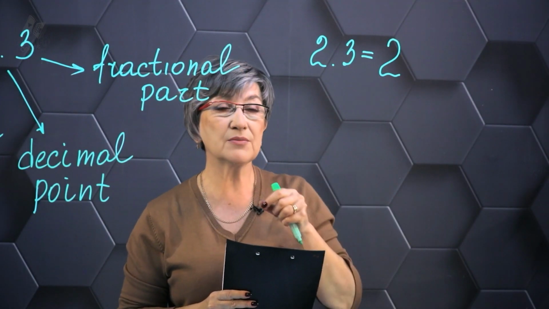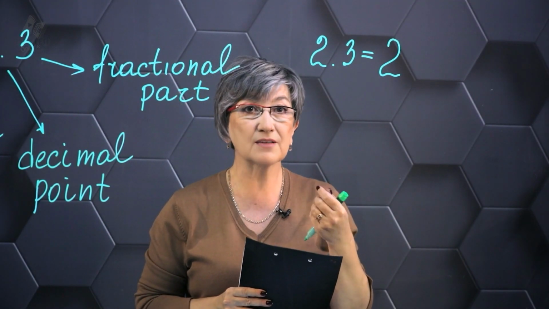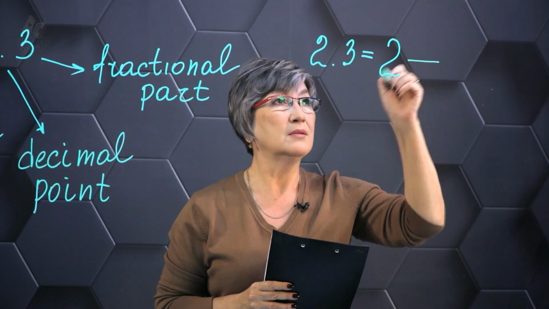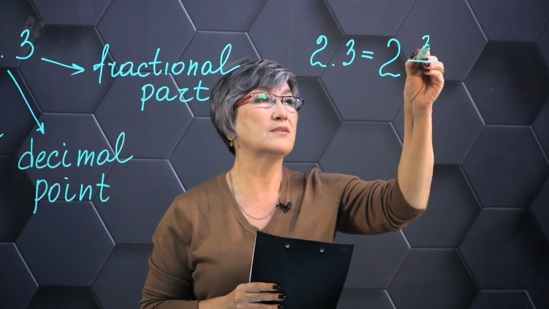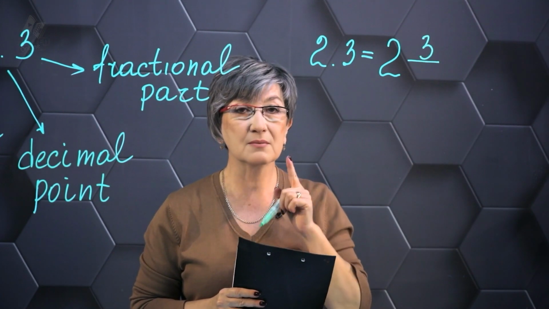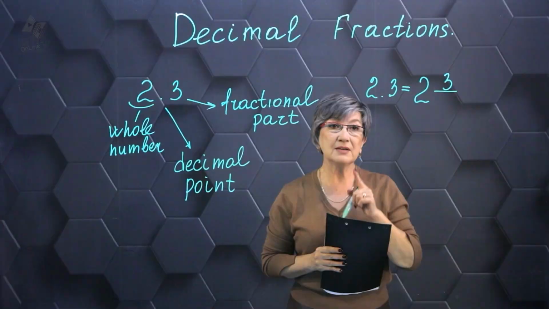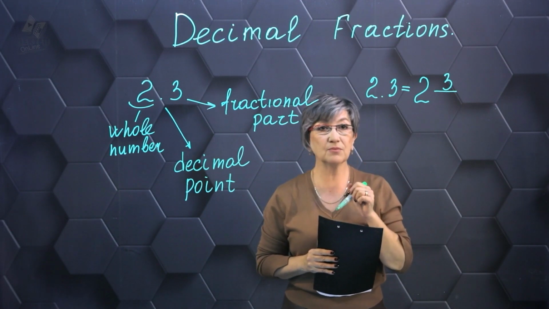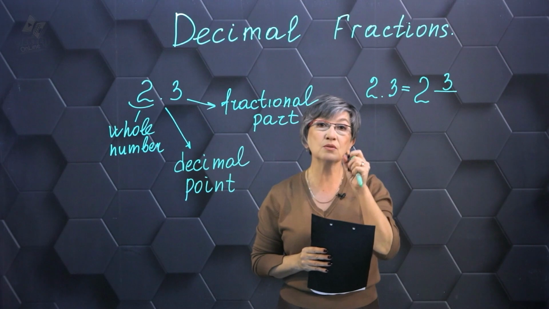And I'll write down the rest of it as a fractional number, as we're used to seeing it. In order to do that, 3 I will put in the numerator, and in the denominator I will always put the numbers 10, 100, 1000, and so on. That is, those numbers that consist of 1 and 0.